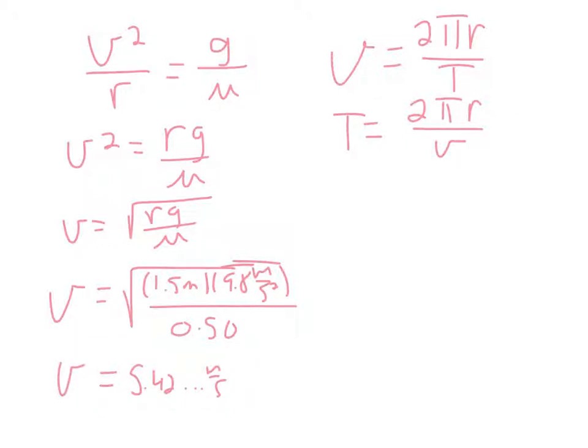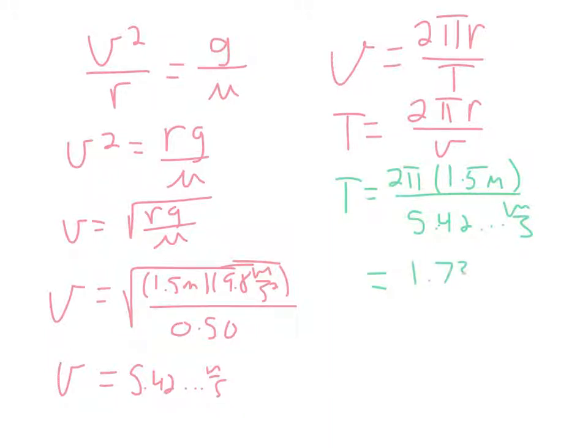Now coming back over here, period equals 2 pi times the radius, 1.5 meters, divided by my unrounded speed, so 5.42 keeps on going, meters per second. This will give me 1.73, keeps on going, seconds.